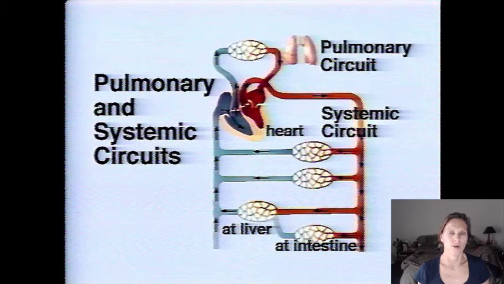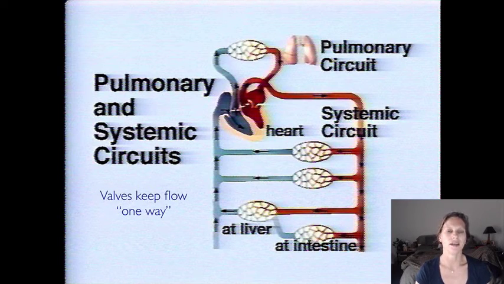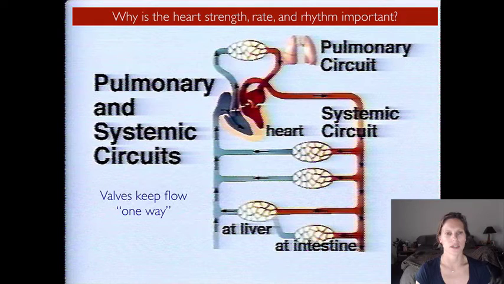The right side of the heart pumps into the lungs, so we'd say that the right side of the heart pumps into the pulmonary circuit. The left side of the heart pumps systemically, into the systemic circuit. The heart chambers are divided from top and bottom by valves, the atrioventricular valves, and the walls of the ventricles are also divided by a septum. So there are 4 separate chambers with 2 distinct sides.